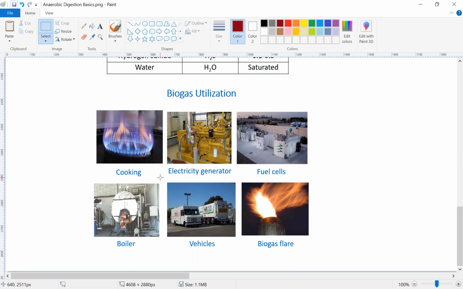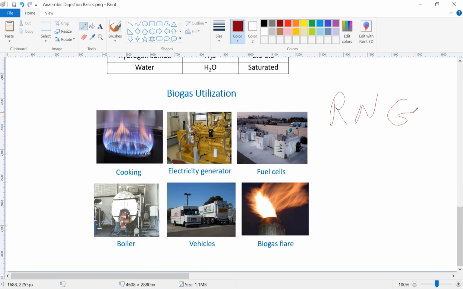The big use for biogas is to produce renewable natural gas, or RNG. This means you upgrade the biogas to natural gas specifications.